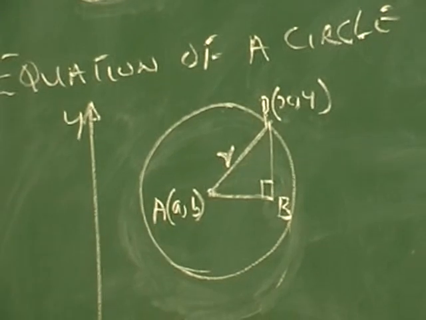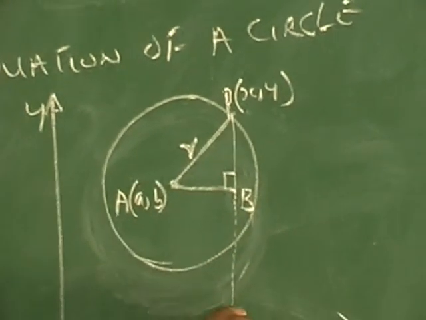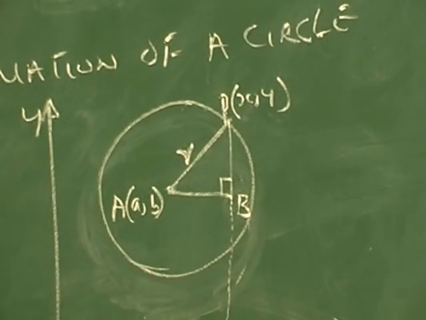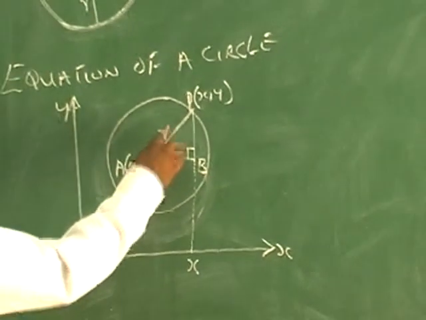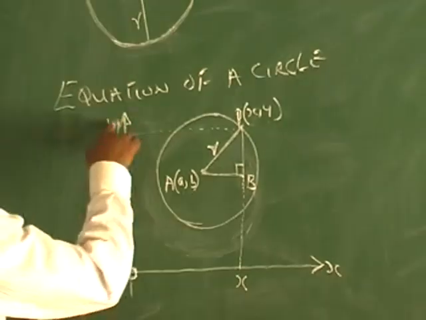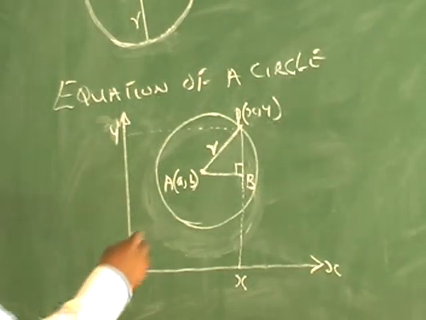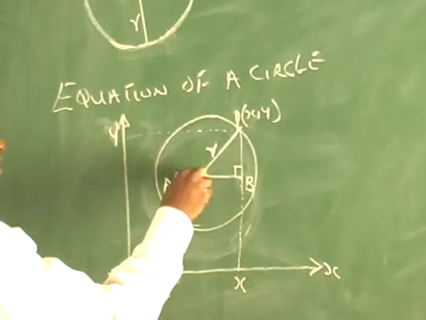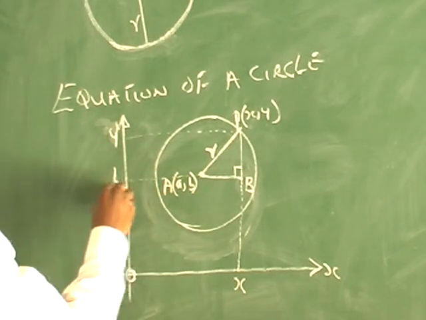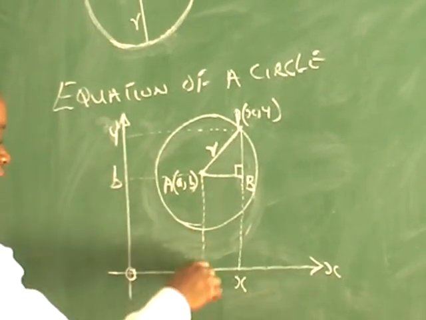Now what do we observe? We observe that if we trace this line to here, the coordinate at this particular point is x, and at this point too, we trace it to this side, we have y. We also see that at this particular point, if we trace this way, we will have b as the coordinate, and here tracing to here, we have a.